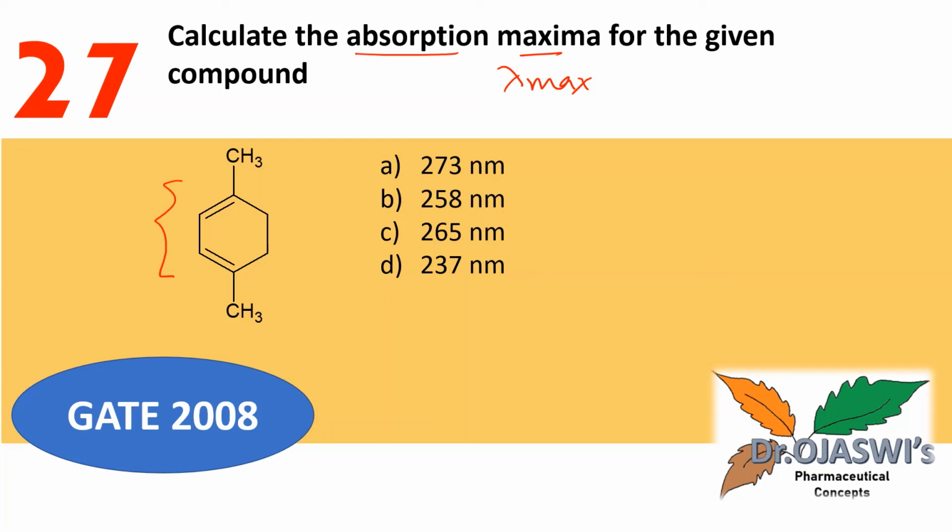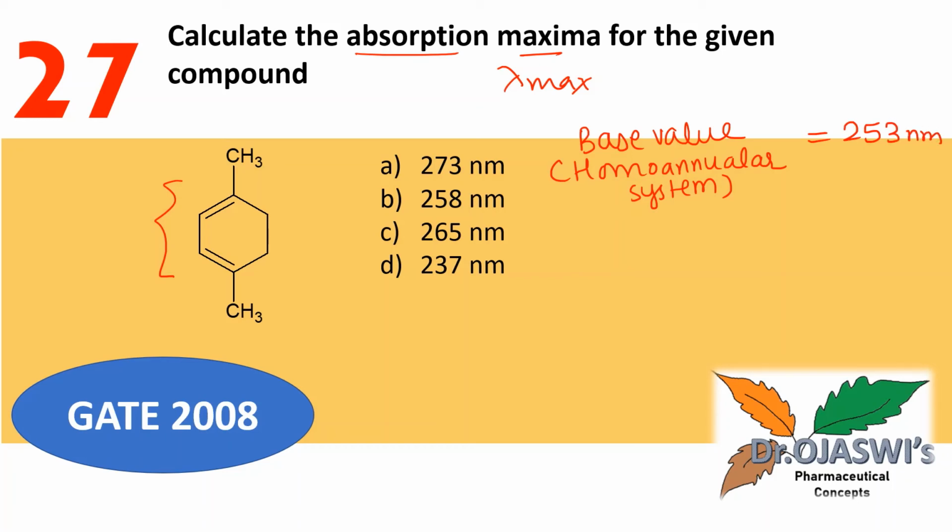So the base value for this particular structure can be considered by taking into account the homoannular system. Homoannular system means both the double bonds of the diene are present in a single ring. So in that case the base value is 253 nanometers.